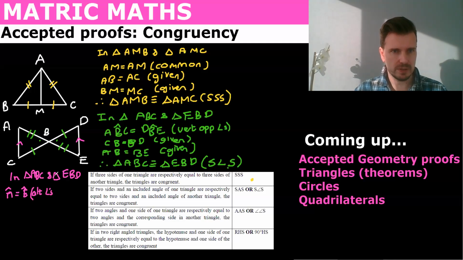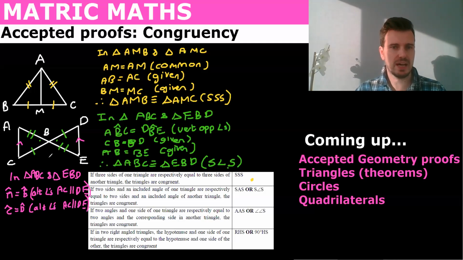And we know that because AC is parallel to DE. Okay, and the other one, we won't use the vertically opposite angle, let's use this one. We can say that C equals D, and for the same reason, alternate angles, AC parallel to DE.